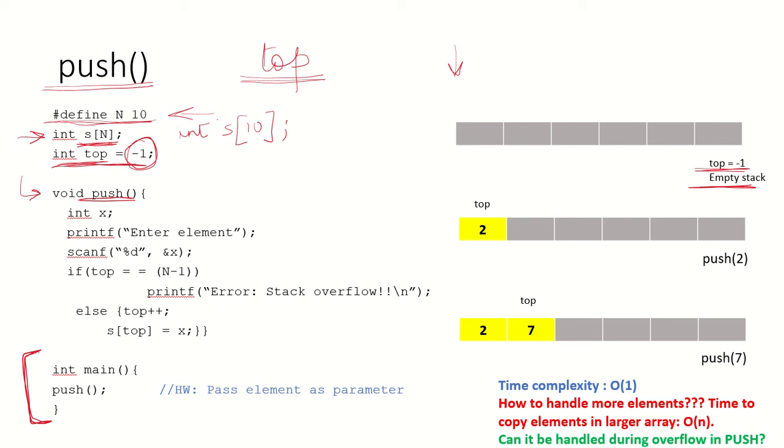To push an element, we can take input from the user on which element he wants to push. So we put out a statement like this, enter element, and whatever element the user has entered, we will do a scanf and store it in the variable x. Before inserting, there is one more check we need to make, which is to check whether the stack is full or not.